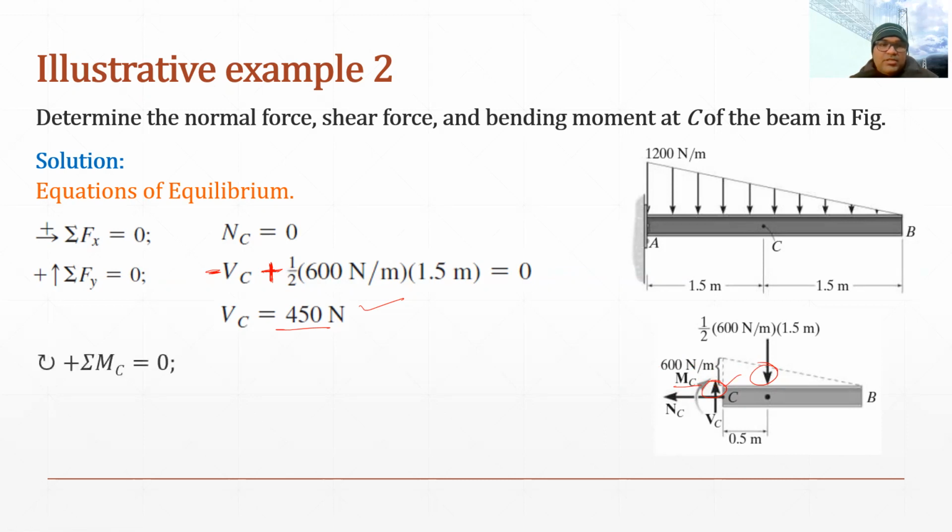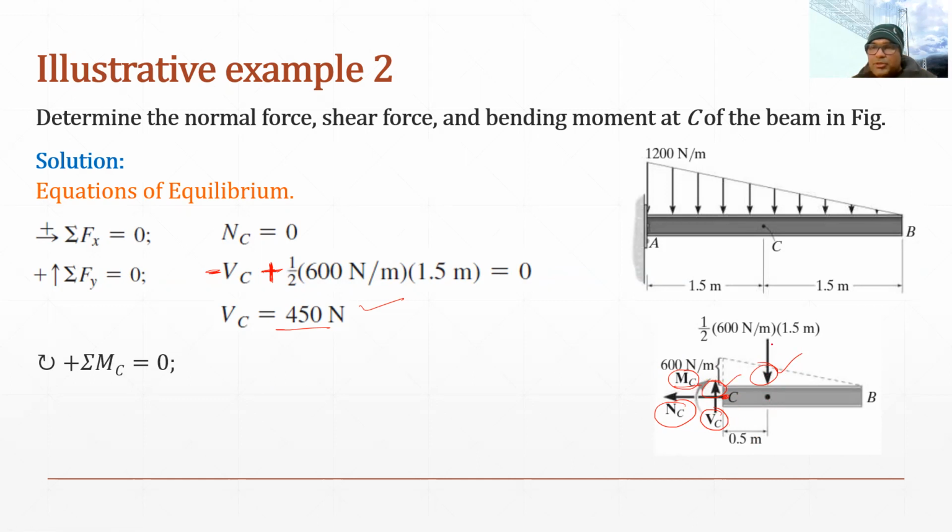So here the equation for MC will be: the moment due to VC and NC will be 0 because we are taking moment at point C, and the internal forces NC and VC both pass through point C. So their moment will be 0. The only moments will be because of MC and because of this point load, which is acting at 0.5 meter from point C.